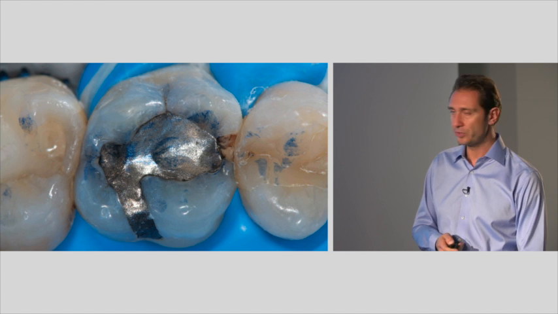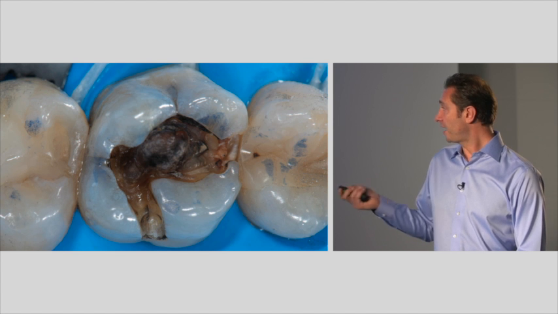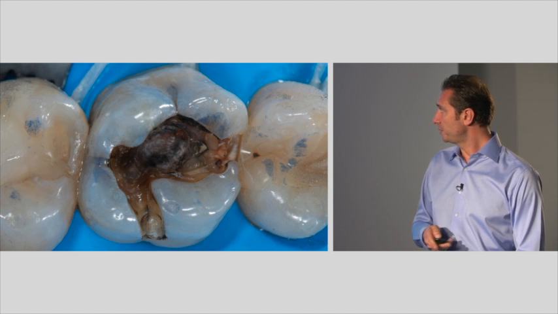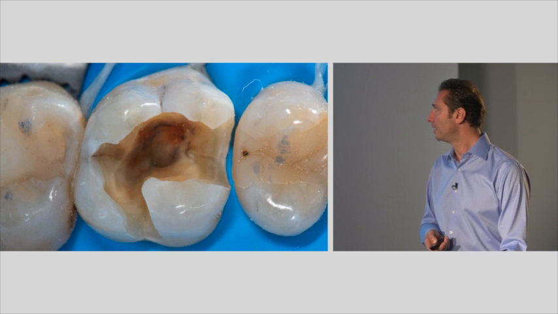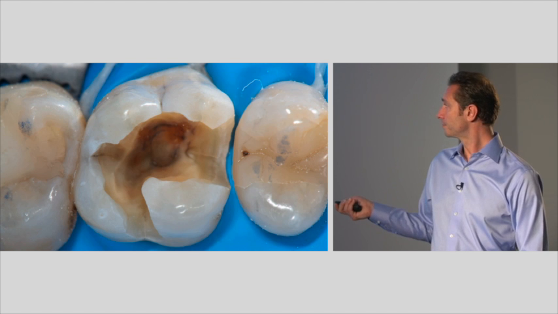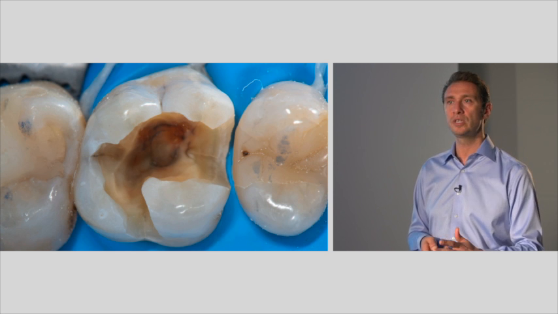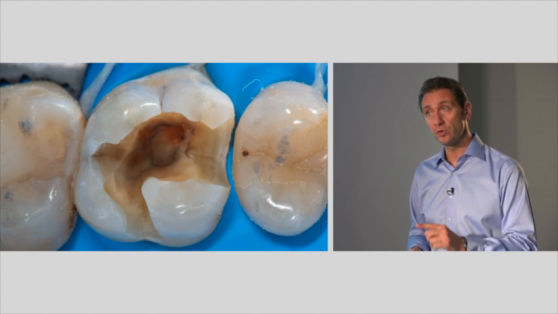We remove the restoration, and we find the decay underneath, so we will be cleaning the decay. And of course, we will find some fractures. There were some indication of fractures. Luckily, they are not too deep, they are not too wide. They don't go through and through.